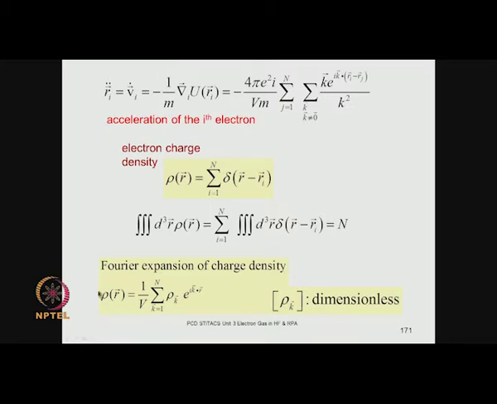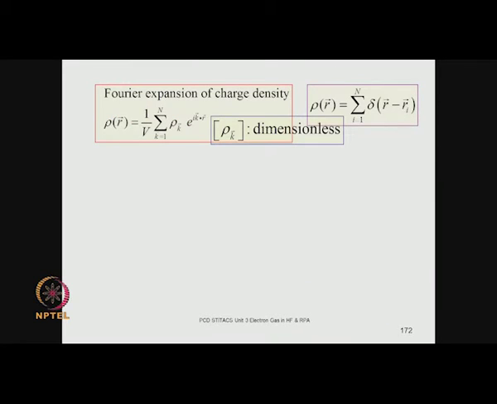The left hand side has got a dimension of 1 over volume. It is the number per unit volume, and the inverse volume dimension is taken care of by 1 over V over here. So the equation is essentially balanced dimensionally. So these are our expressions for the Fourier expansion of the charge density.